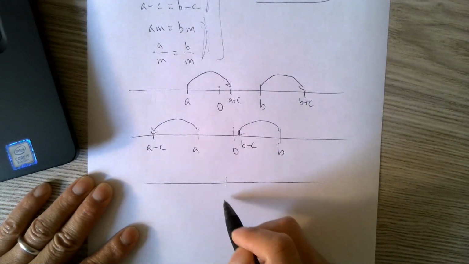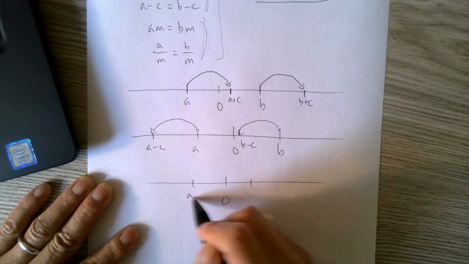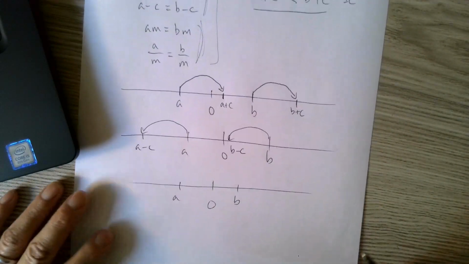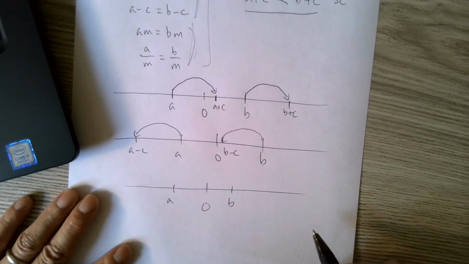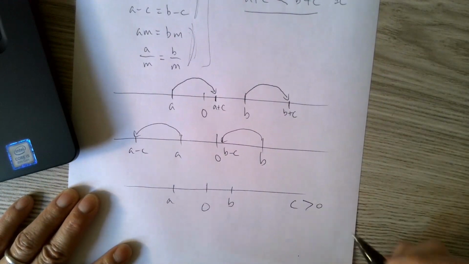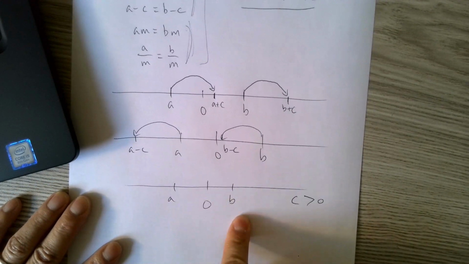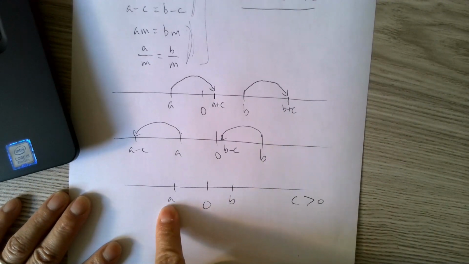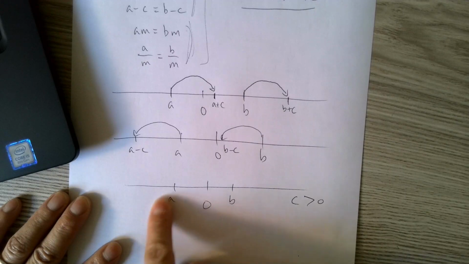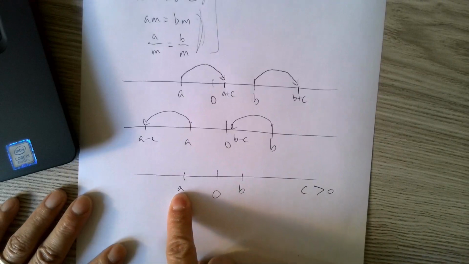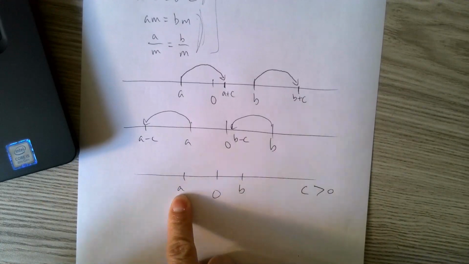Now, let's take the case of multiplying both sides by something. And we'll say that C is a positive number, okay? So if I multiply both sides by C, I mean A and B by C, well, A is negative here. So if I multiply by a positive number, I'm going to get a negative product, right?